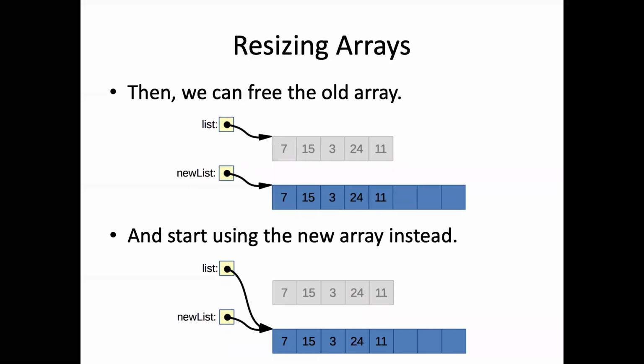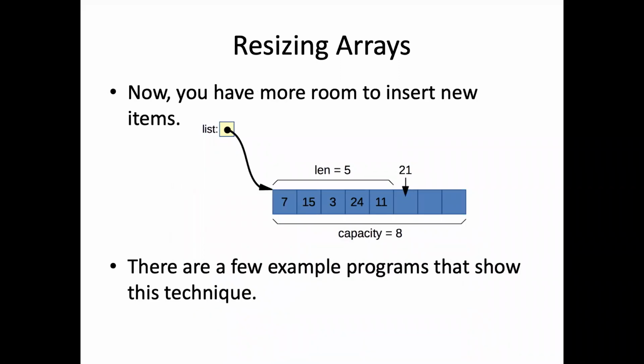And then from this point on, that new bigger array, that's my list. So next I'll take my list pointer and make it point to my new larger array with more capacity. And now, at least for the time being, I've got space to put plenty more items. And then if I run out of all that space, I can do this same trick again. I can go ask for an even larger array and then start using that space.